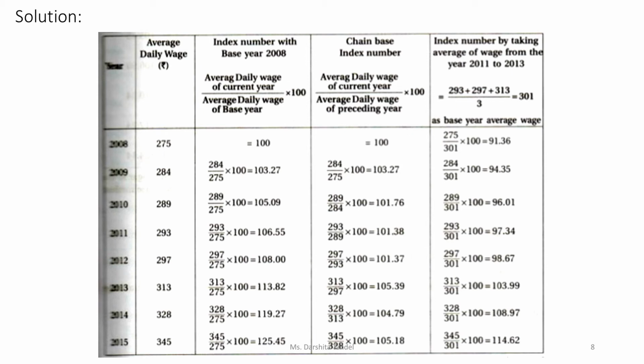Index number by taking base year 2008: average daily wage of current year is 289 divided by average daily wage of base year 275 into 100 is equal to 105.09. Similarly, for years 2011, 12, 13, 14, 15, we can calculate the index number as shown.